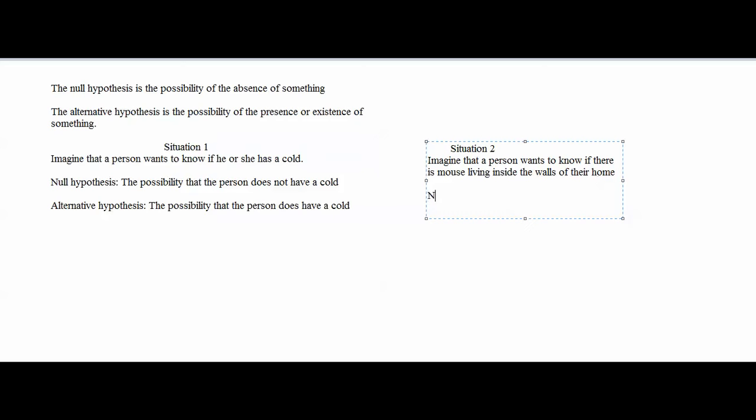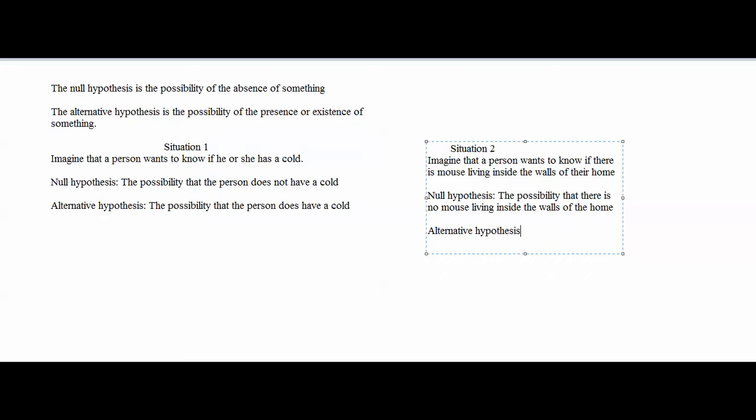So the null hypothesis is the possibility of the absence of the mouse. It's the possibility of no mouse.